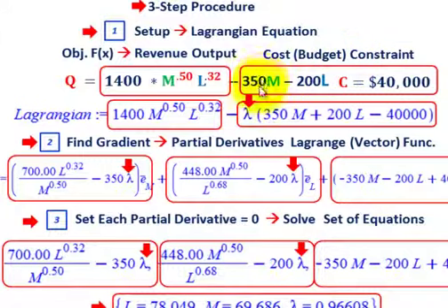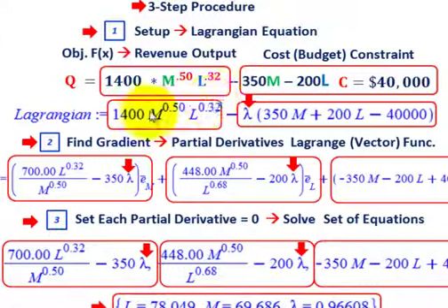Our cost here was $350 per unit of material and $200 for labor, so you have a minus those. You subtract those from your revenue output. And this is where the constraint comes into play: we're constraining ourselves to a budget of $40,000 for material and labor.